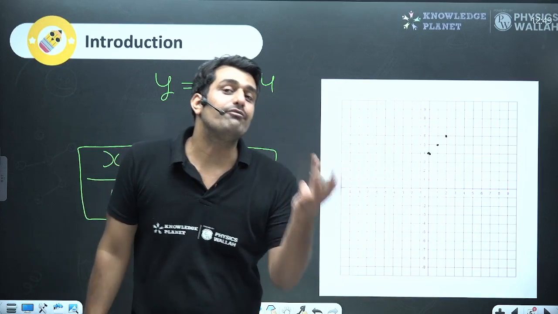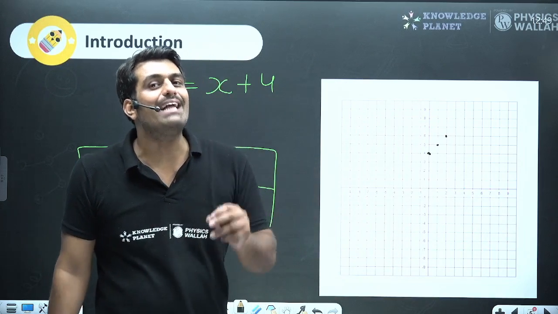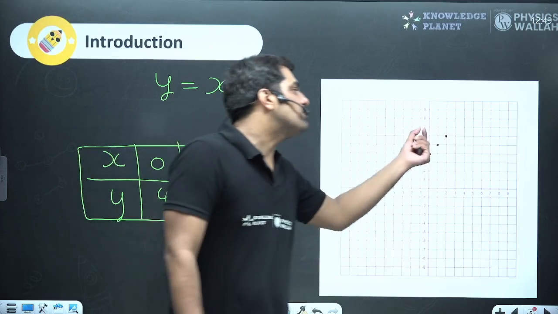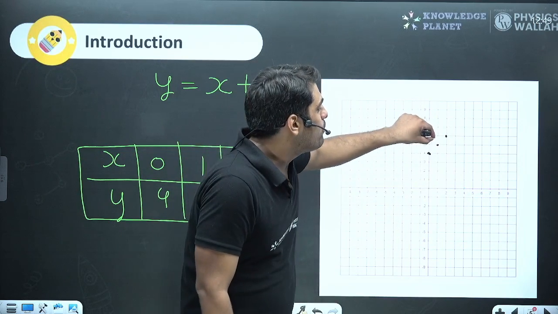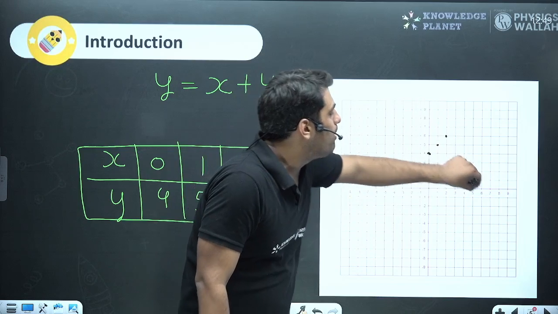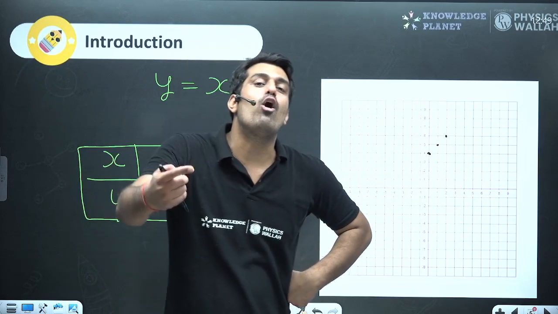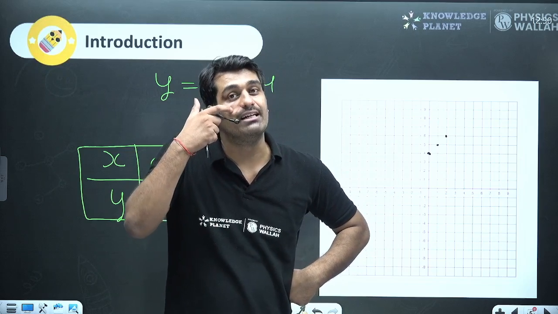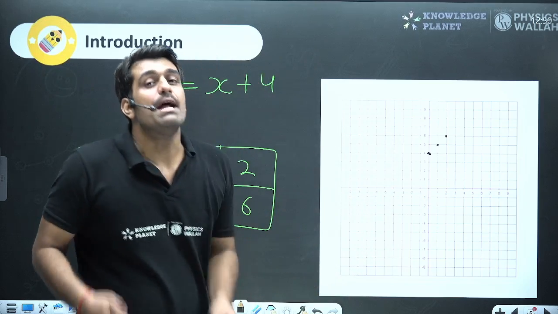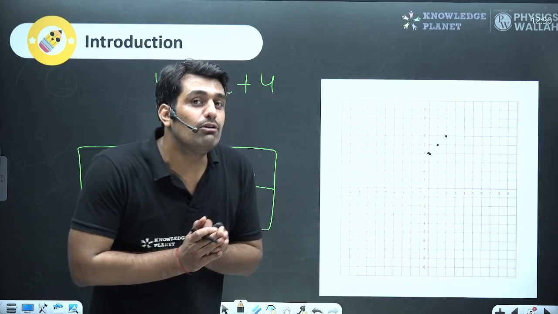What happens when we have 3 points? If any 1 point goes haywire, rather than going over here, it comes out to be here, you will realize that this line is not possible, and you will check on your own what mistake you have made. So in this manner, 3 points are a better way to form a line.